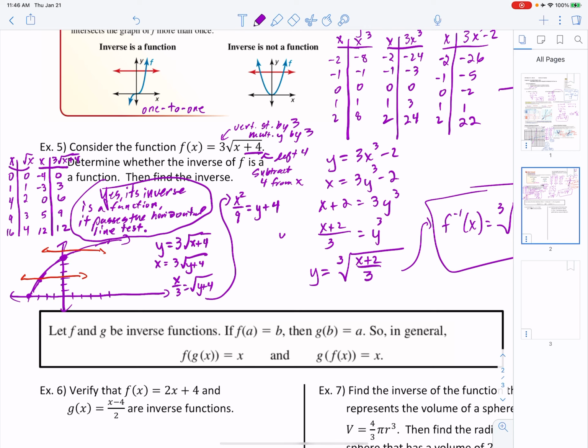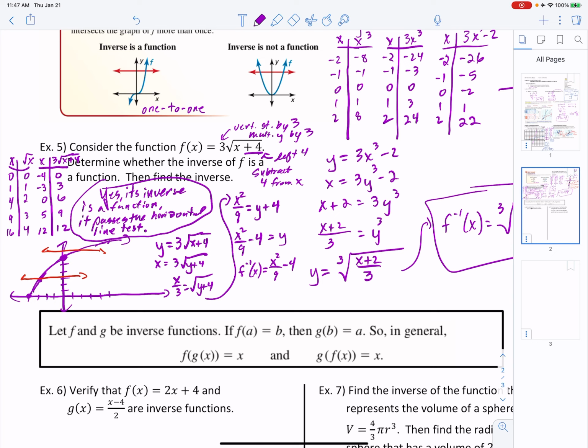And I get x squared over 9 minus 4 equaling y. And so then, right, that inverse is x squared over 9 minus 4.